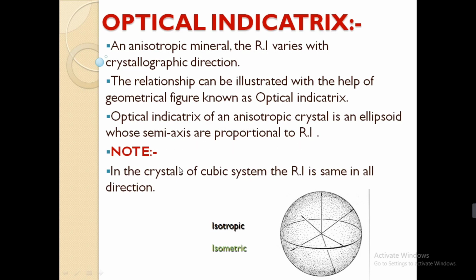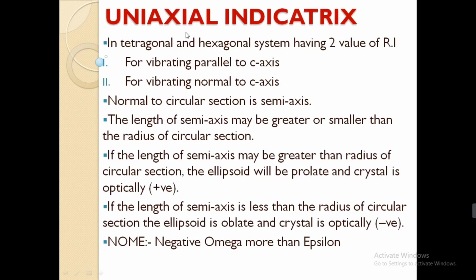Note, in a crystal of the cubic system, which is also called the isometric system, the refractive index in all directions is the same, so in this case the indicatrix is a sphere. For the uniaxial indicatrix, in the tetragonal and hexagonal systems there are two values of refractive index: first for vibration parallel to the c-axis, second for vibration normal to the c-axis.